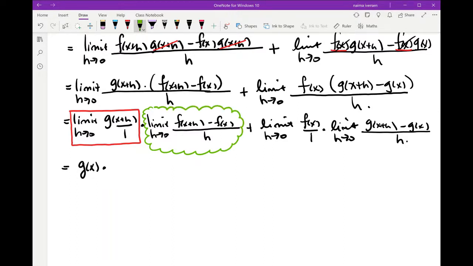Hopefully you've said this over and over to yourself for the last couple of days, and you find out that the limit as h approaches 0 of f of x plus h minus f of x all over h is, in fact, f prime of x by the definition of derivative. So that whole thing, as we went through that definition of derivative, is what we're getting for f prime of x. And then I'm going to get a plus sign. There's my plus sign. I now let h go to 0 here as well.